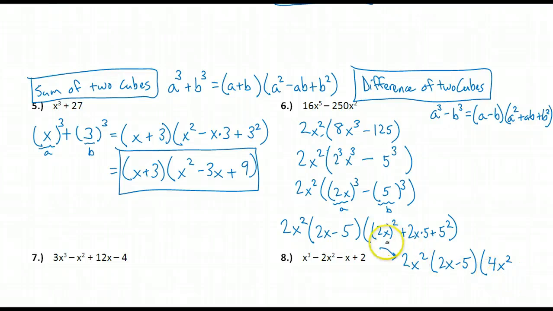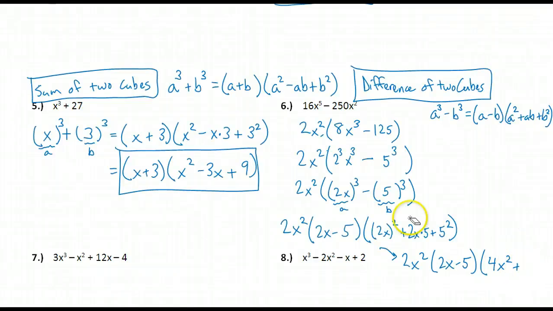The most common mistake students make is they forget to distribute this squared to the 2 and to the x. I'm squaring this entire A, so I have 2x times 2x, which is 4x squared. If you wrote down just 2x squared, that's not quite right. It has to be 4x squared.